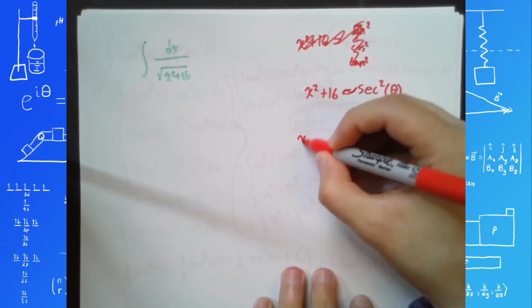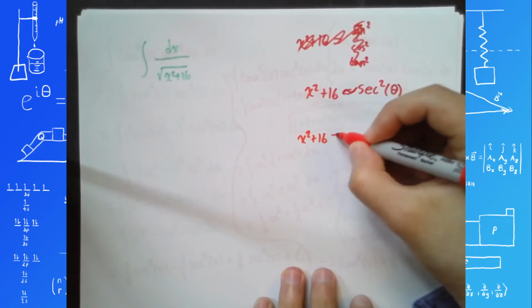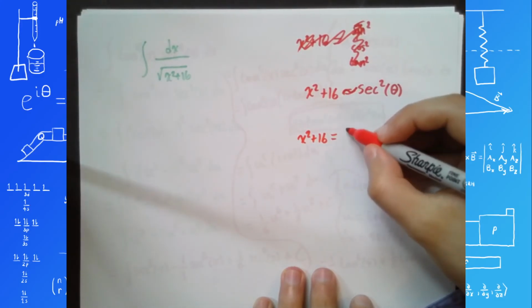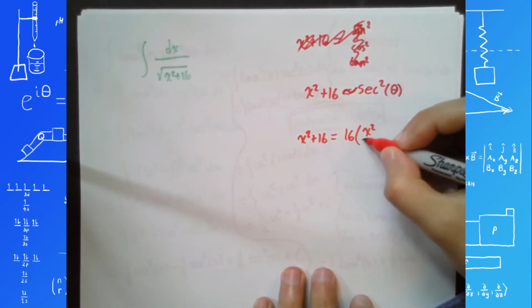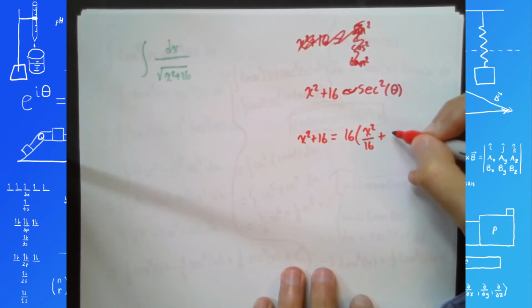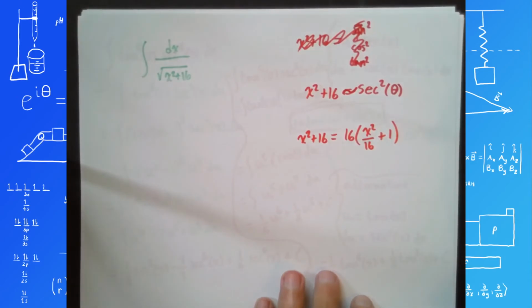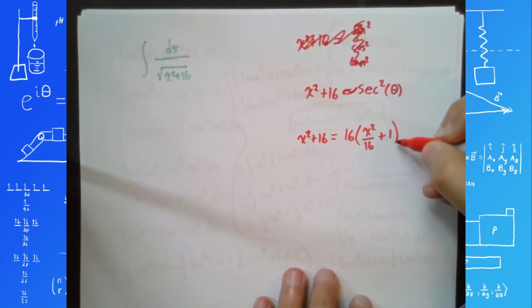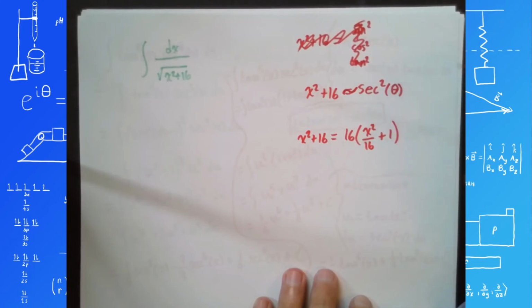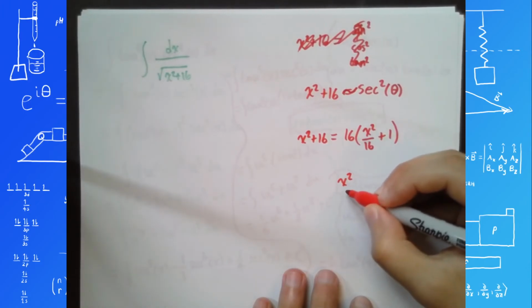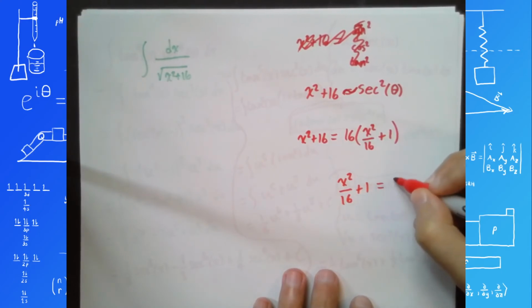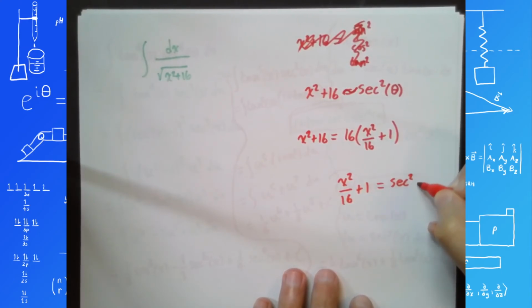x squared plus 16 is equal to 16 times, if I factor it out, x squared over 16 plus 1. Okay, here we go. And I want x squared over 16 plus 1 to be equal to secant squared of theta.